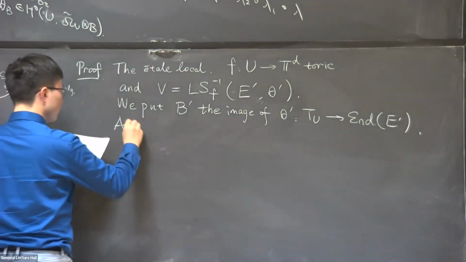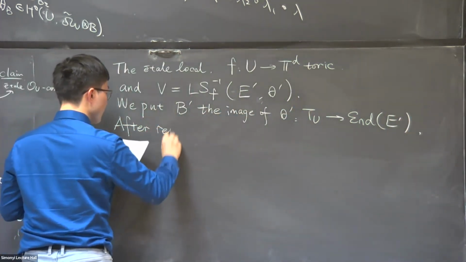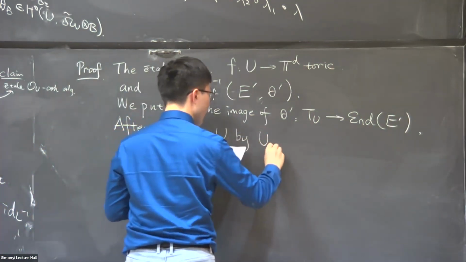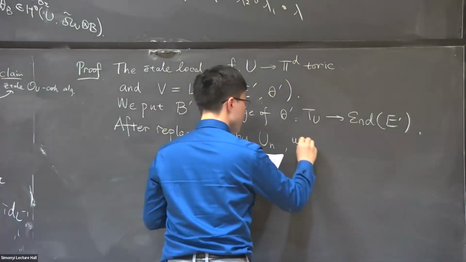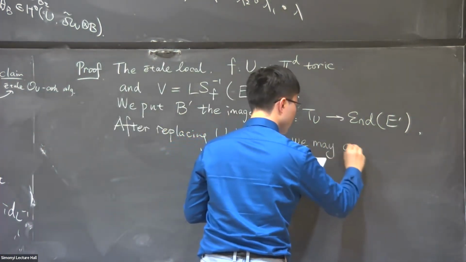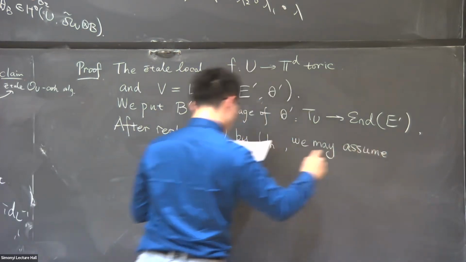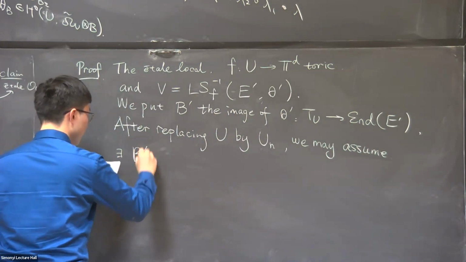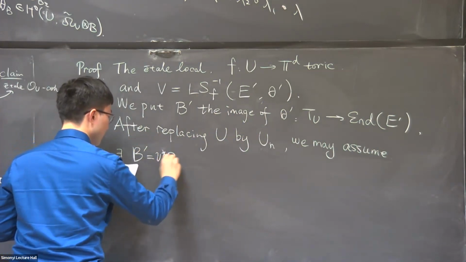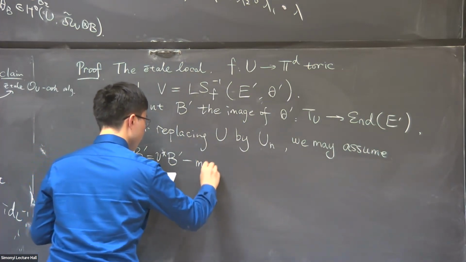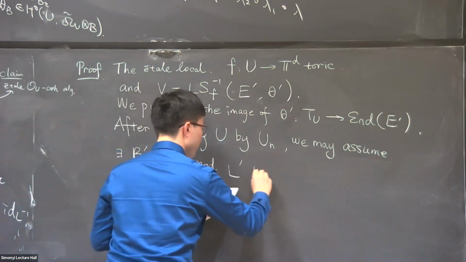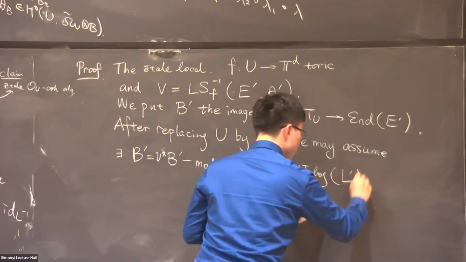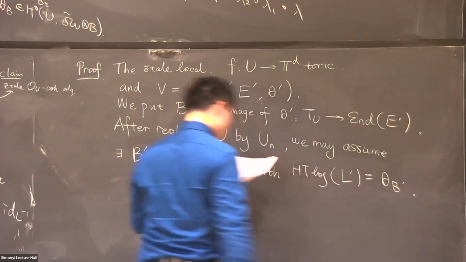So after replacing U by its toric tower, we may assume that there exists an invertible module L prime with HT log image, which is theta B prime.